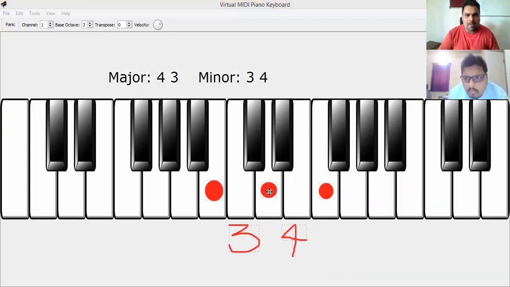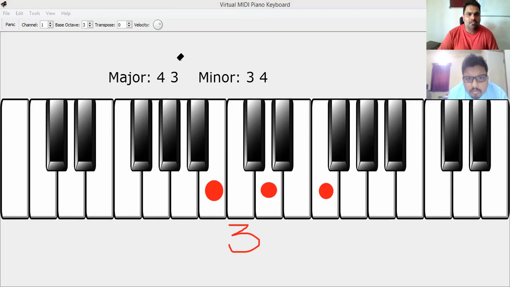I'm going to look at this pattern now, starting from the B note. Can you tell me what happens here? The B major is a 3 and a 3. It's not a B major anymore.